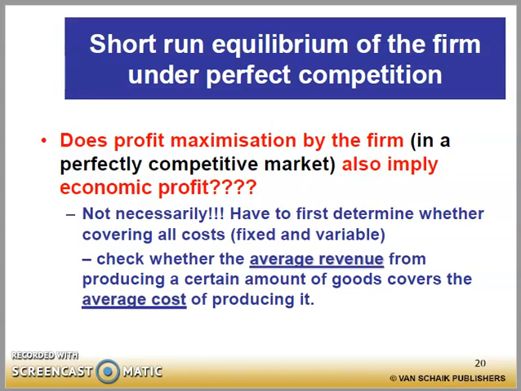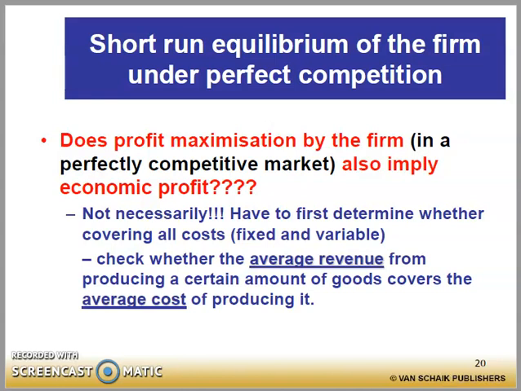So the firm's profit per unit of output, or average profit, is equal to the difference between the average revenue and the average cost. As long as the average revenue is greater than the average cost, the firm is earning an economic profit. However, when average revenue is equal to average cost, the firm earns only normal profit.